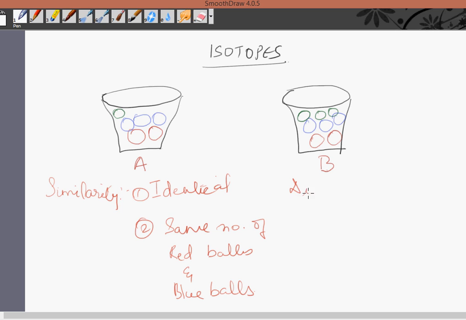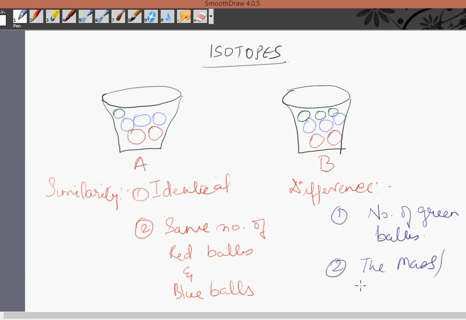So what is the difference between them? The difference is they have a different number of green balls, right?